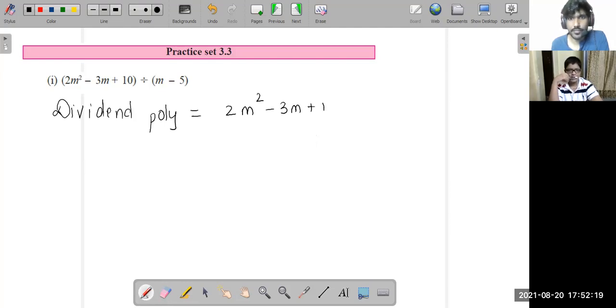After writing in the index form, you write the coefficient form of it. So what is the coefficient form? 2, minus 3, 10. Now your divisor polynomial.